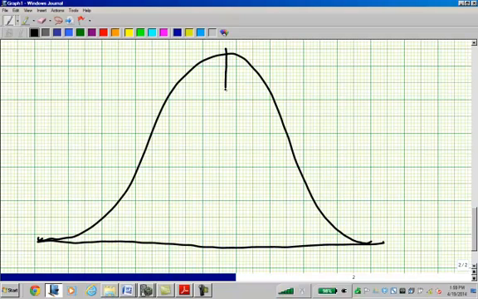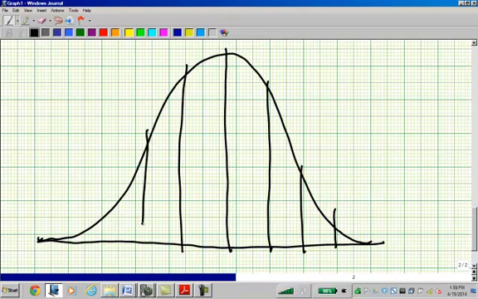Now, by the normal distribution is meant the following. Each one of these distances along the x-axis is supposed to be the same. This is a standard deviation.